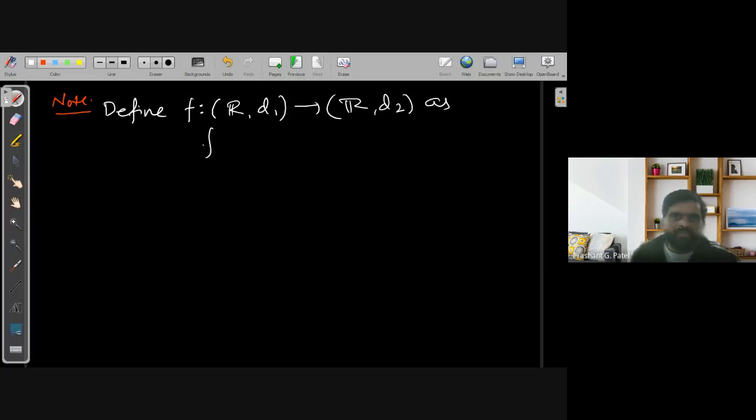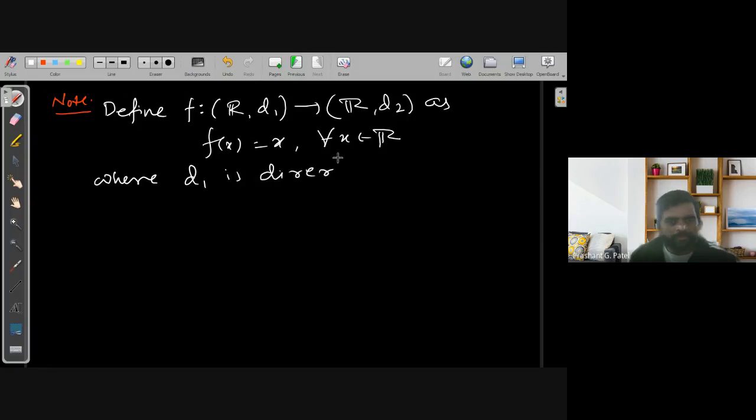So we'll write a note here. Define F from R with D1 to R with D2 as F of x is equal to x for every x belongs to R, where D1 is a discrete metric and D2 is a usual metric.